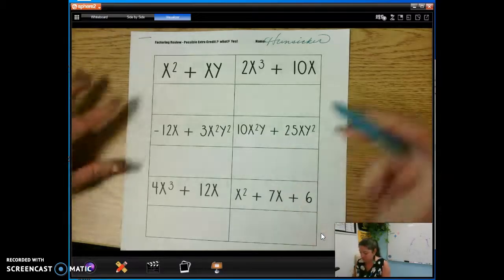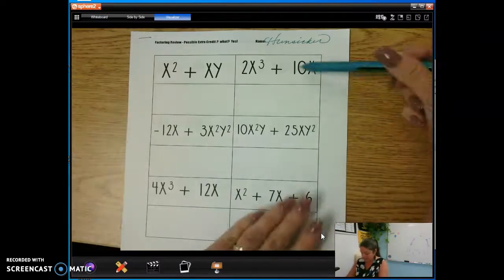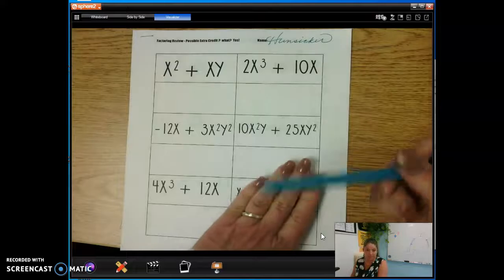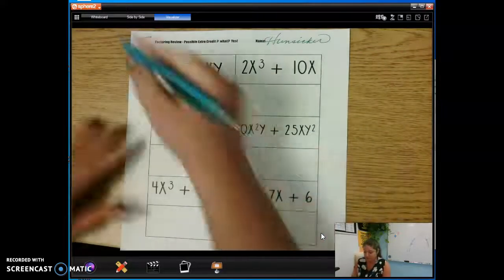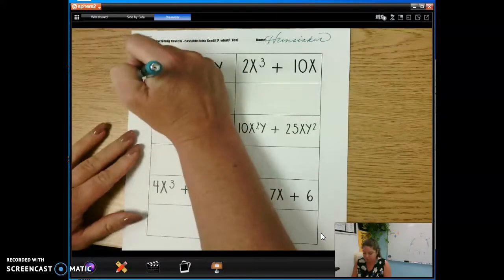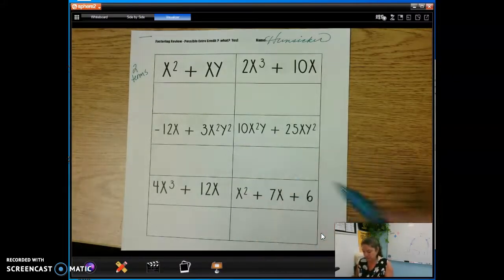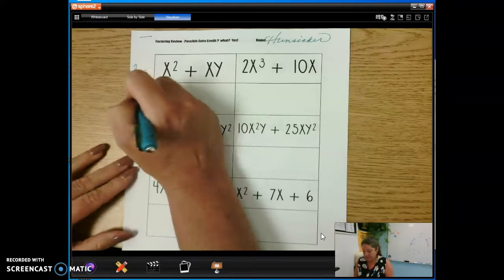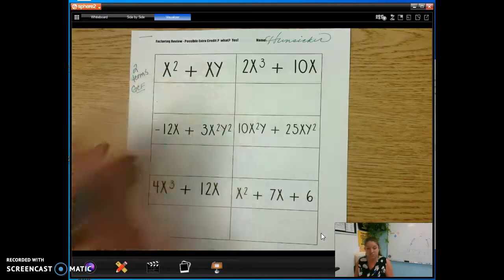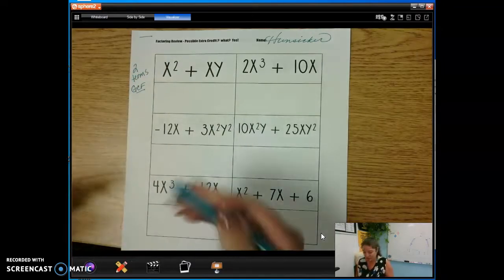The first thing that I want you to recognize is that out of these 6 problems, the first 5 of them, anyway, only have 2 terms. And when you have 2 terms, there's usually 2 different ways that you would factor them. One of them might be by doing a GCF, so taking out a greatest common factor.